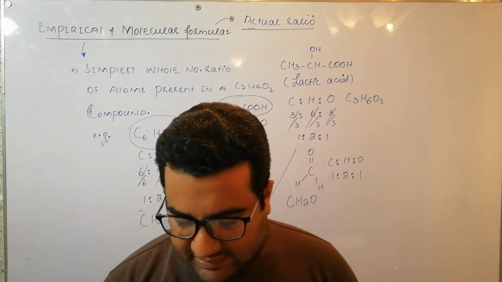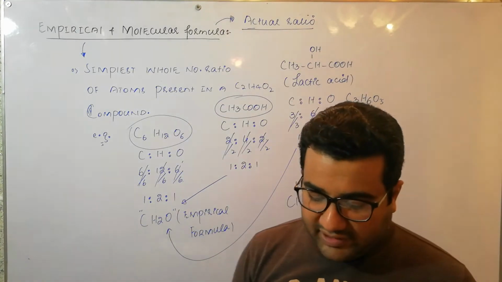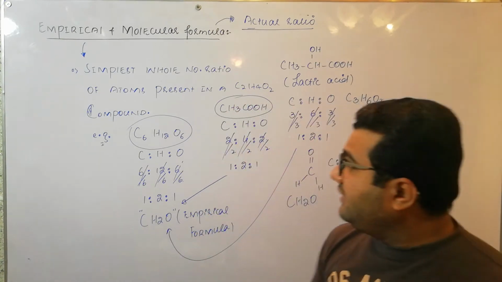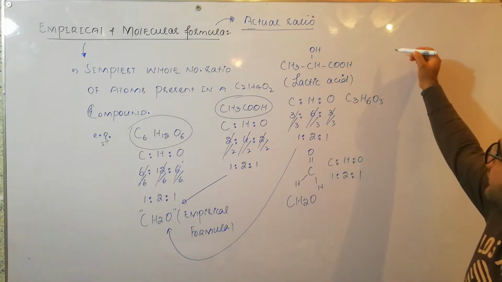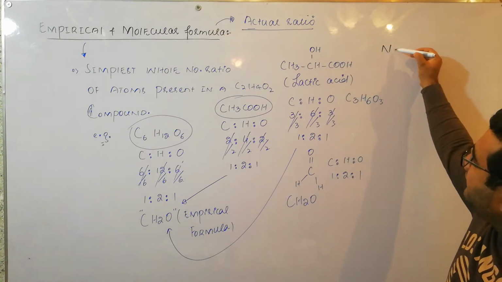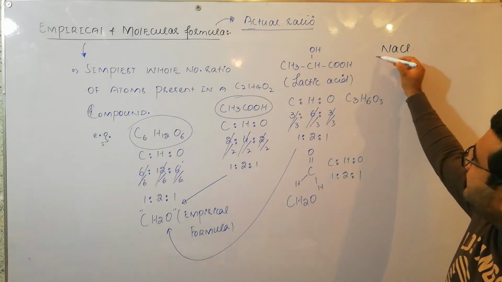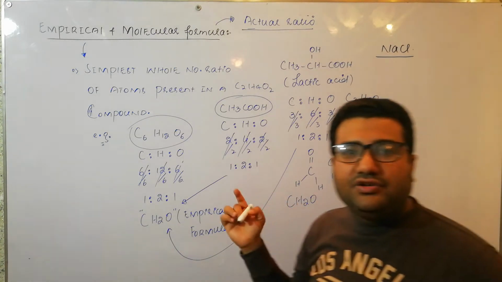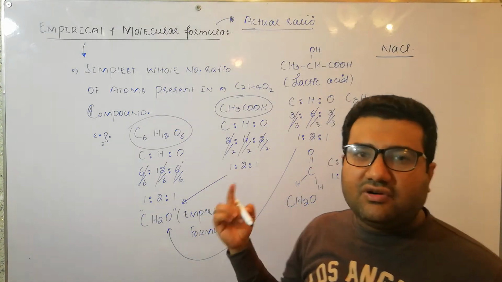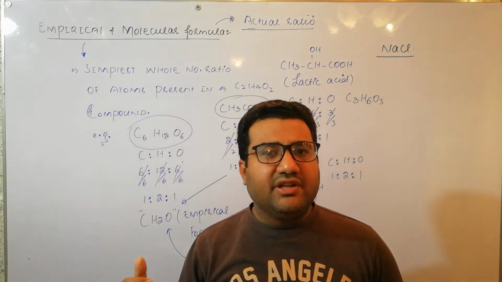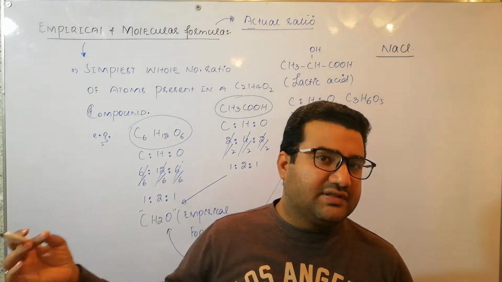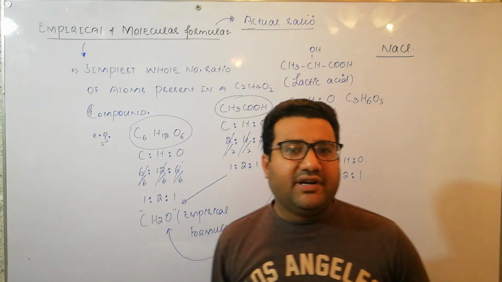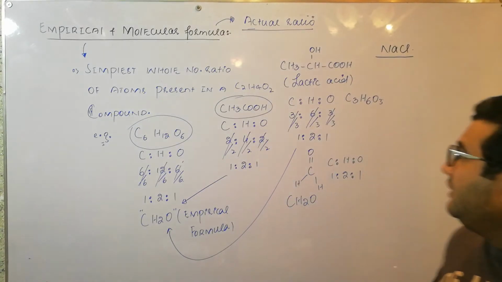After giving these examples, let me tell you one thing very important, that all the ionic compounds, for example, if we have sodium chloride, NaCl is the formula unit of sodium chloride. It is not its molecular formula because sodium chloride is an ionic solid and it does not consist of molecules. So NaCl will be its formula unit.